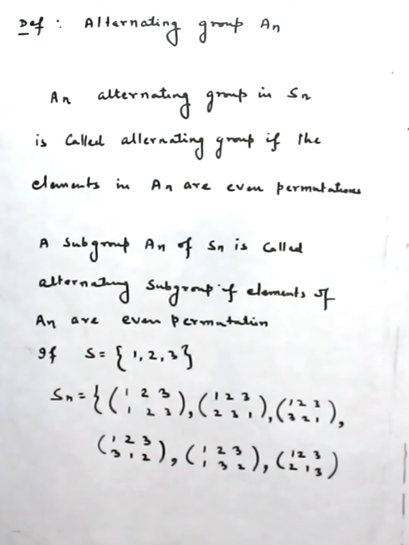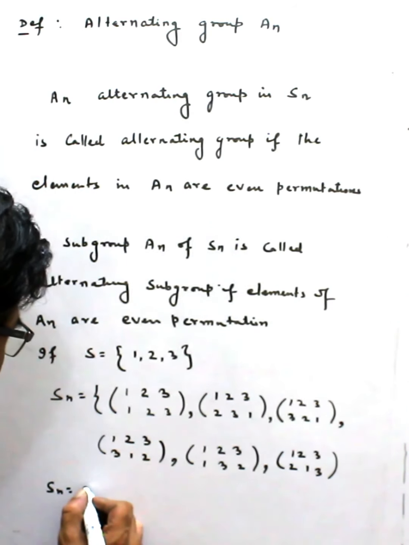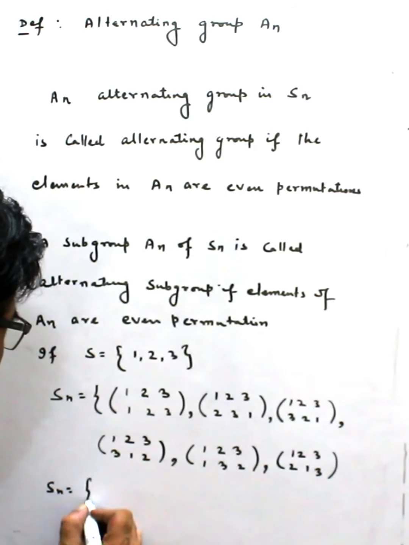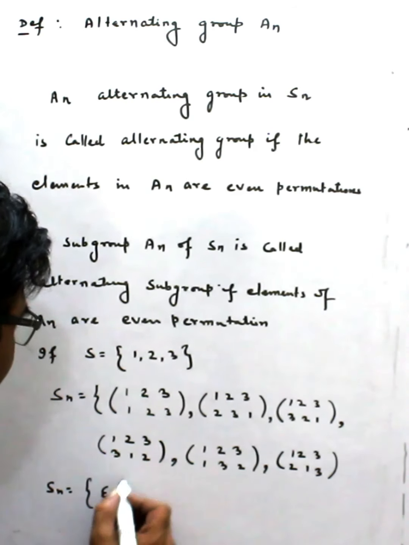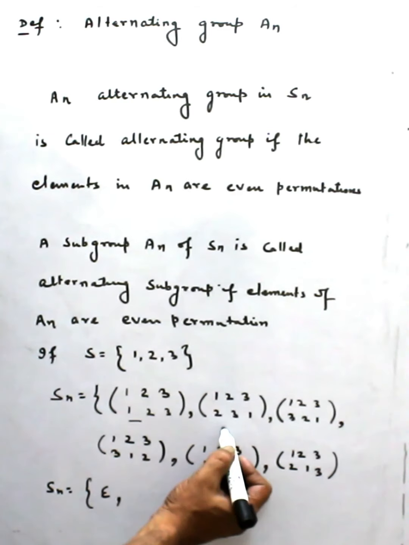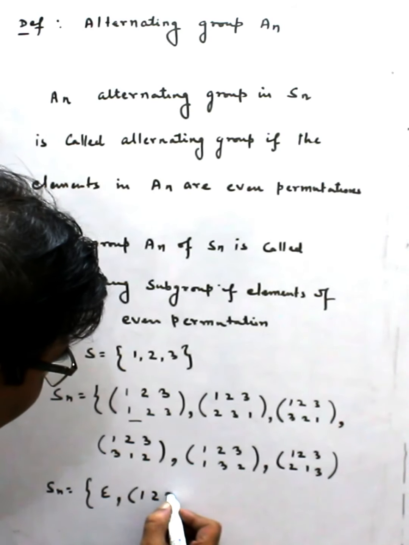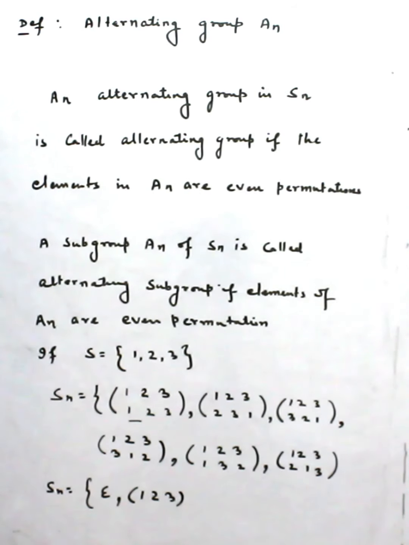So if I take a subgroup of even permutations in terms of cycles in Sn, how can we write it? This is obviously identity, this is identity, and this is 1 goes to 2, 2 goes to 3, a cycle of length 3.